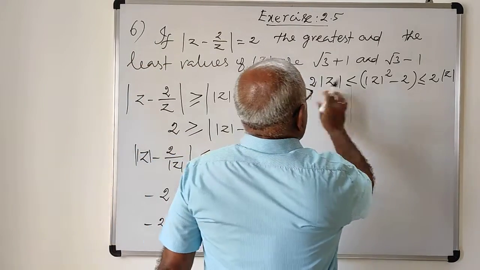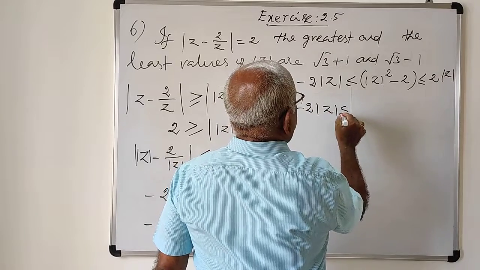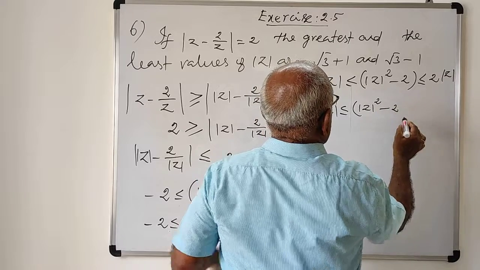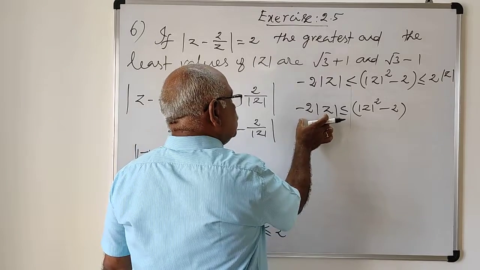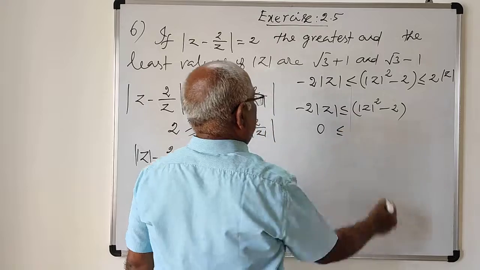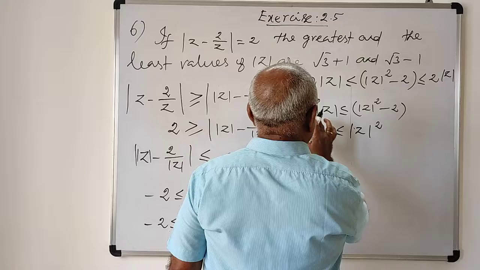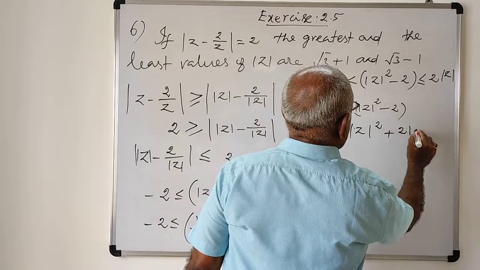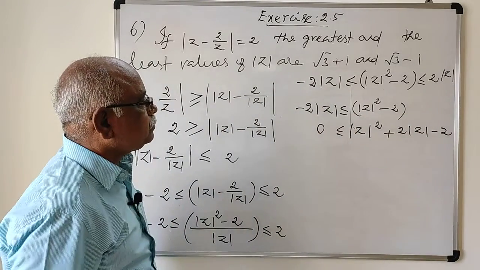Now I am taking the first part: minus 2 into mod z on the left hand side is less than or equal to mod z square minus 2. You take this minus 2 into mod z also to the right hand side. On the left hand side you get 0 less than or equal to mod z square minus 2 into mod z, and bringing it to the right hand side it is plus 2 into mod z, and minus 2 is already there.